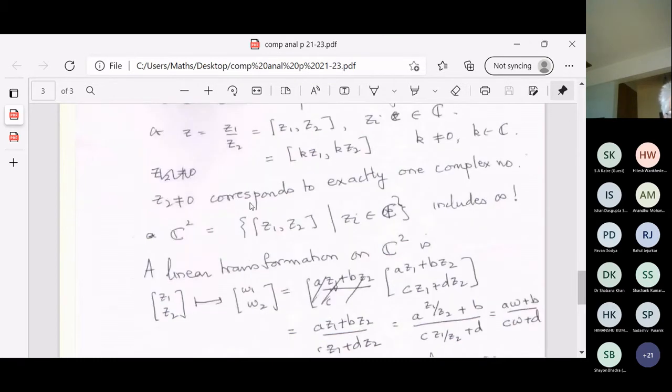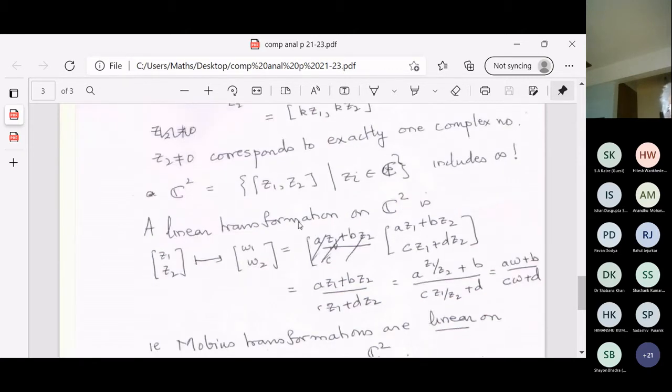Okay, z2 not equal to 0 corresponds to exactly one complex number, and I can think of C2 as this z1 z2 with this equivalence class, and this thing now includes infinity. What is a linear transformation on this C2? A linear transformation is a map which takes z1 z2 in homogeneous coordinates and gives you w1 w2 in homogeneous coordinates.